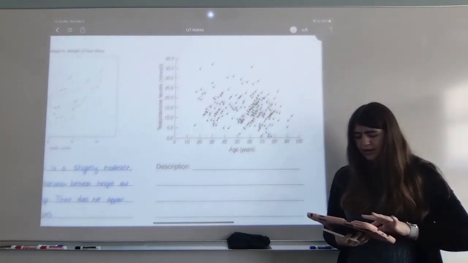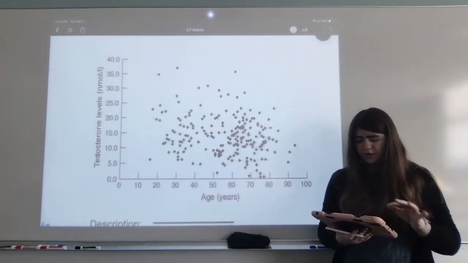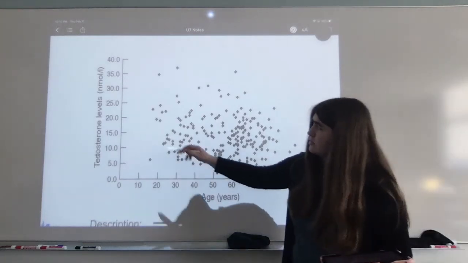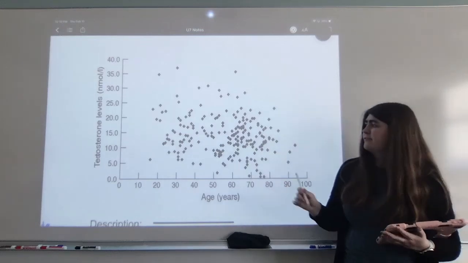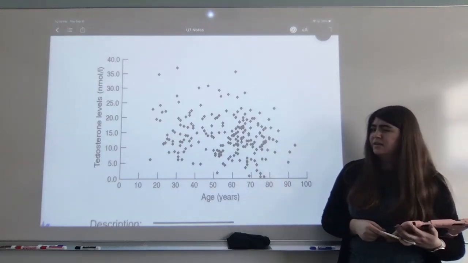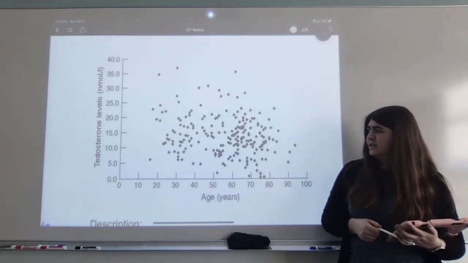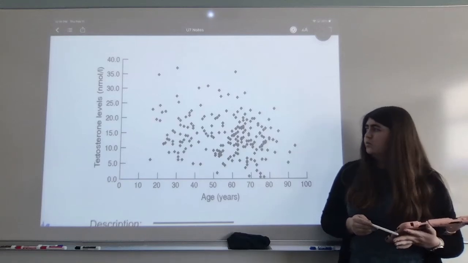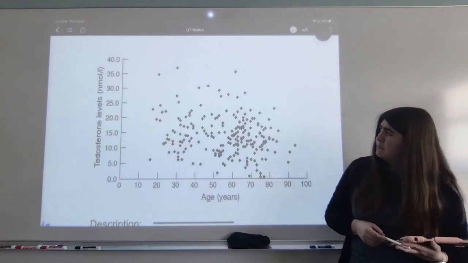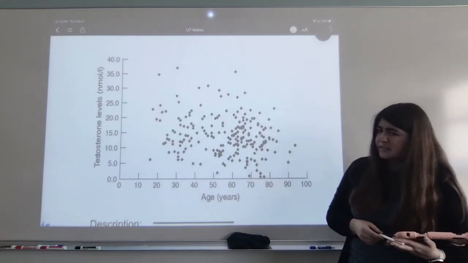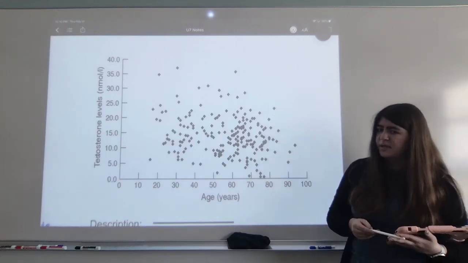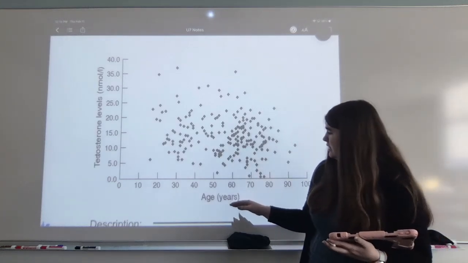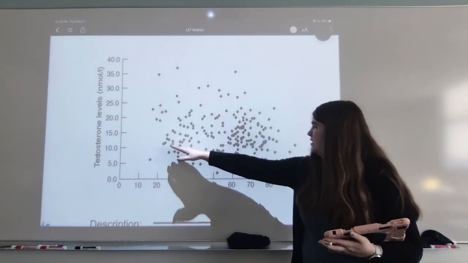All right, and this is our last one here. We have age in years, and we have testosterone levels. If we look at this graph, I'm really not seeing much of a line. The data kind of seems all over the place. I'd say that this is pretty weak. Maybe we could call it negative, but this doesn't really even look like there's much of a line either.